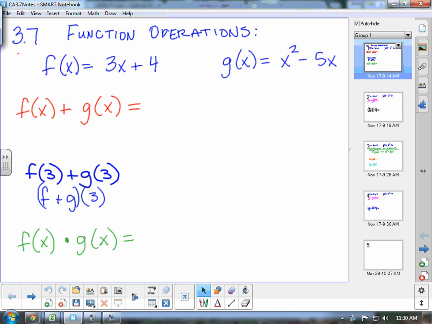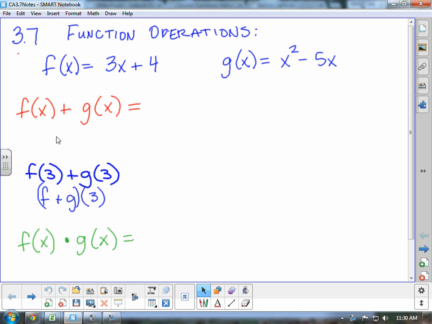All right, the final section of chapter 3 deals with 3.7 function operations. And here we have a couple of different functions, f of x equals 3x plus 4, and g of x equals x squared minus 5x. And in function operations, you're going to need to do a bunch of different things.